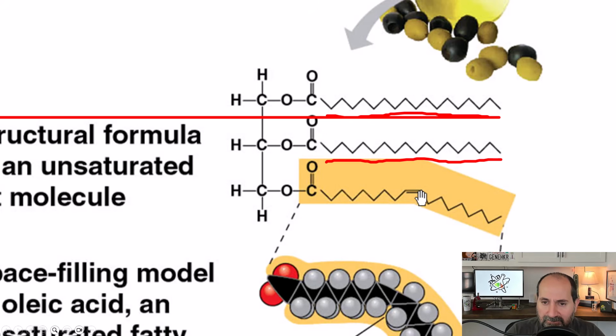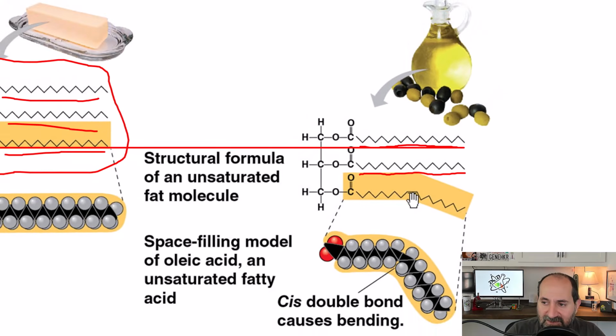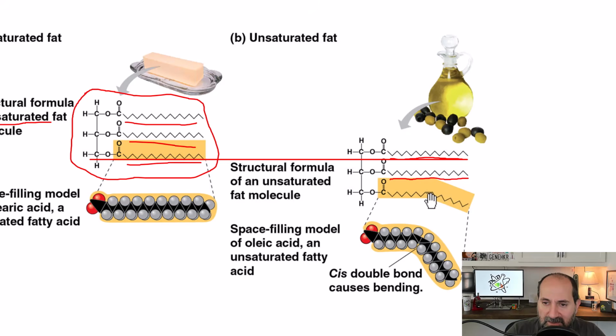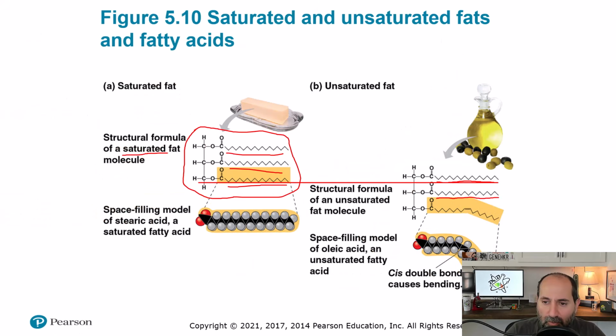That tells me that this is not a saturated fatty acid tail. That's an unsaturated fatty acid tail. And even the presence of a single double bond anywhere makes this whole fat called an unsaturated fat.